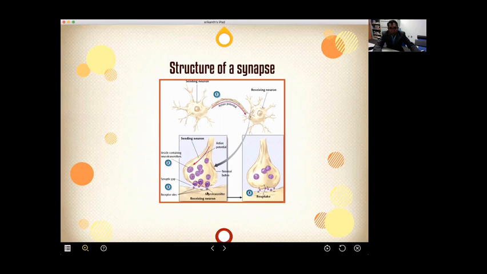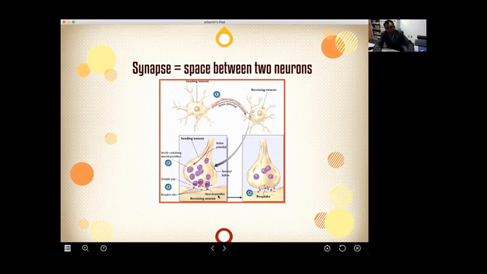So there is this connection between neuron 1 and neuron 2, and the space you see here between these two neurons, that's the synapse. It's a space between two connected neurons. And when you have a synapse, then you have two neurons at least.